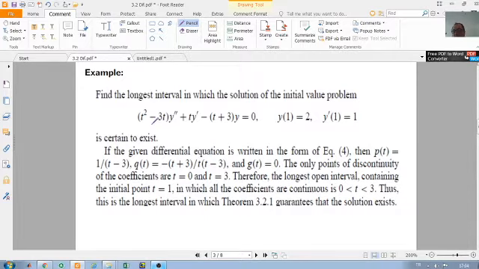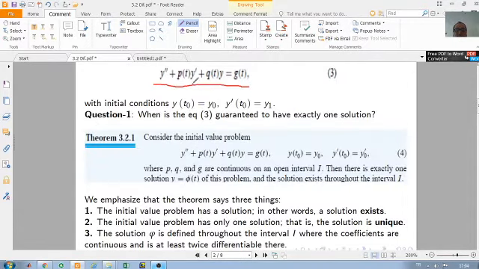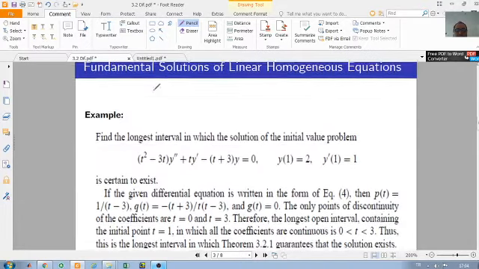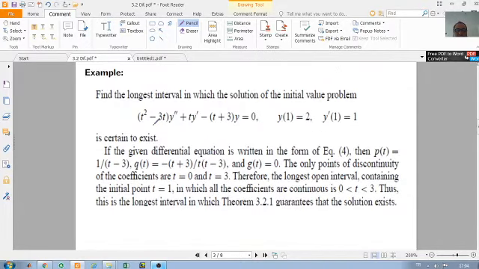When we write it in the form written here, the coefficient of the second derivative should be 1. So to get 1 for the coefficient of the second derivative, we will divide this equality by t squared minus 3 times t.